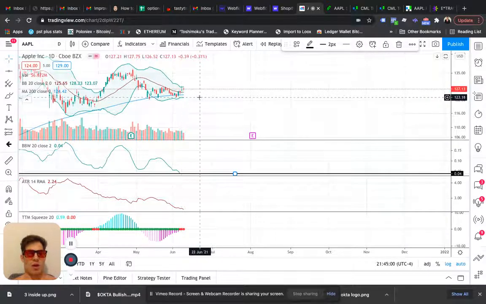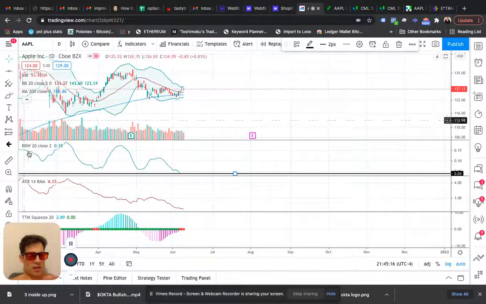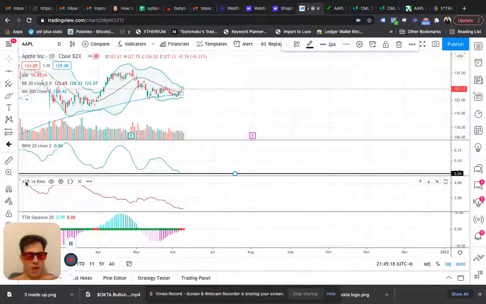Another thing to think about: June 30th is 30 days before earnings, and historically Apple has made an earnings run. So I think we'll maybe catch the tail end of that. Right here, this indicator is the average true range.